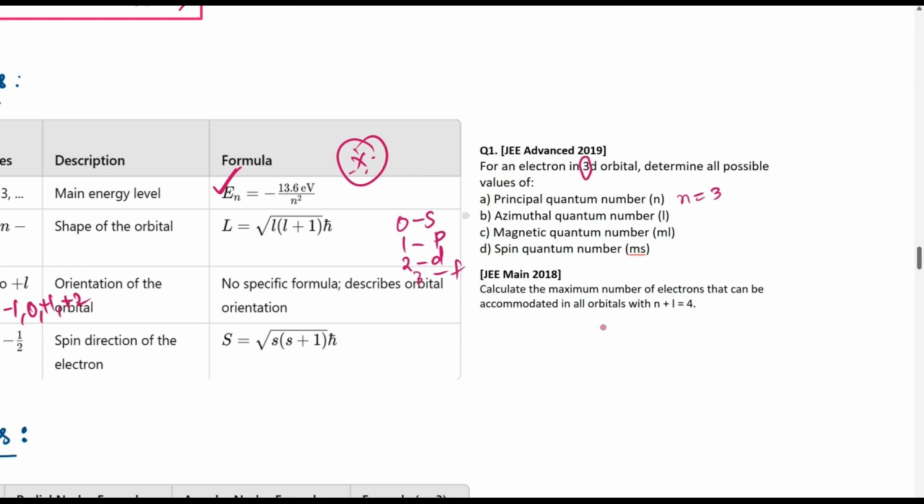Azimuthal quantum number, that is the subshell, d, so the l value, I told you, is 2. And magnetic quantum number, minus 2 to plus 2. Spin quantum number, plus 1 by 2 and minus 1 by 2.